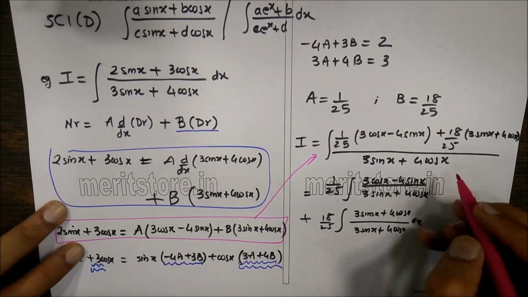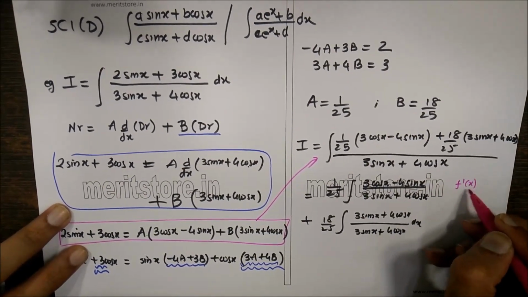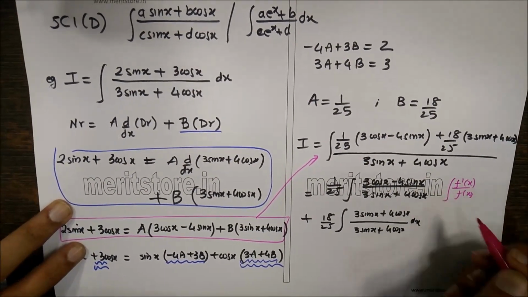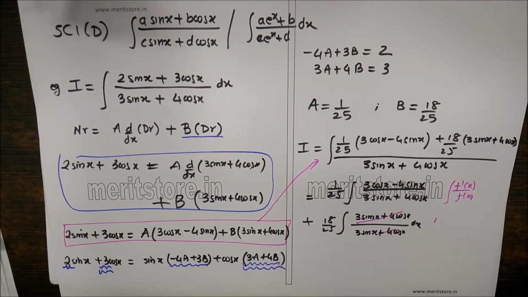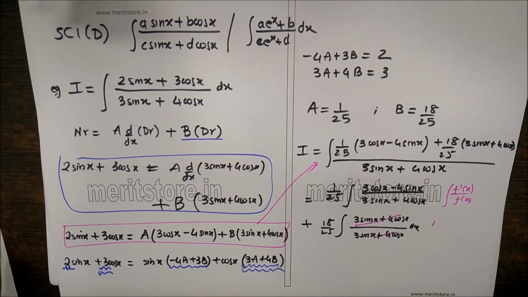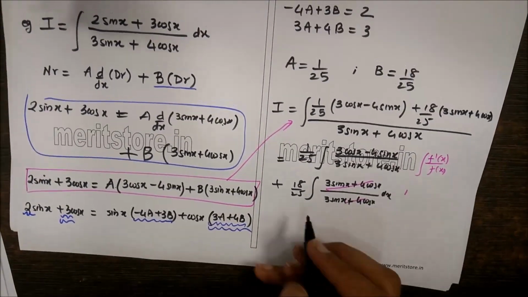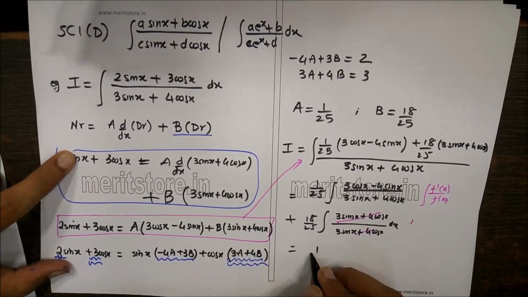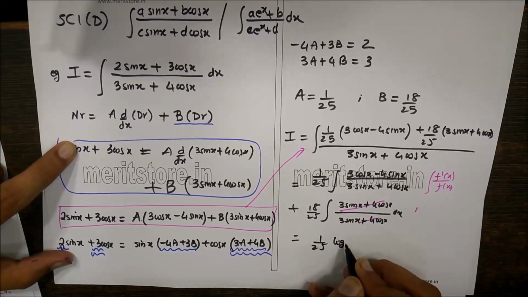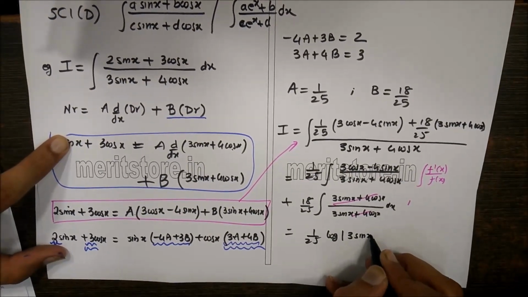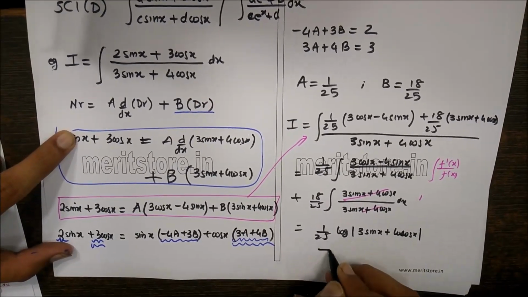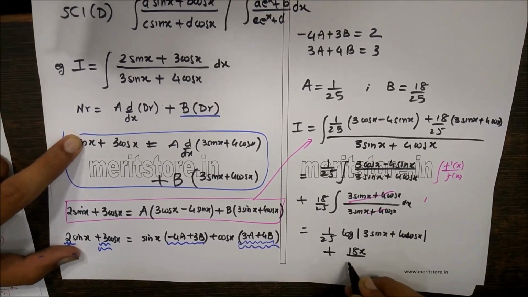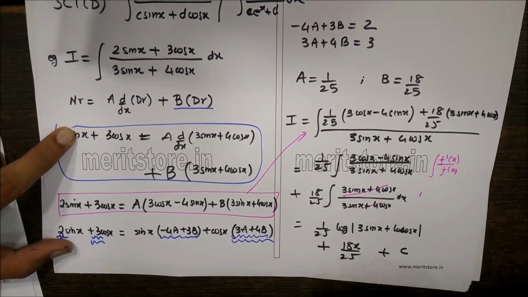Observe, this becomes of the category f dash of x upon f of x, and this will cancel off and become 1. The final answer would be 1 upon 25 log mod 3 sin x plus 4 cos x plus 18x upon 25 plus c.